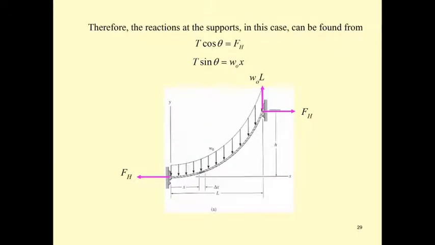Okay, now we have here T cos θ is F sub H, and as we have mentioned, all the components of horizontal force in the cable are equal.